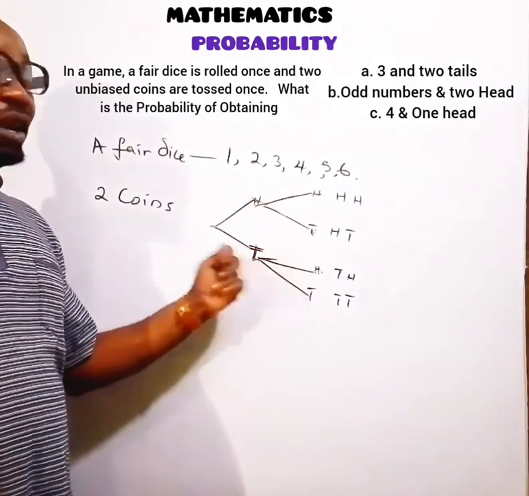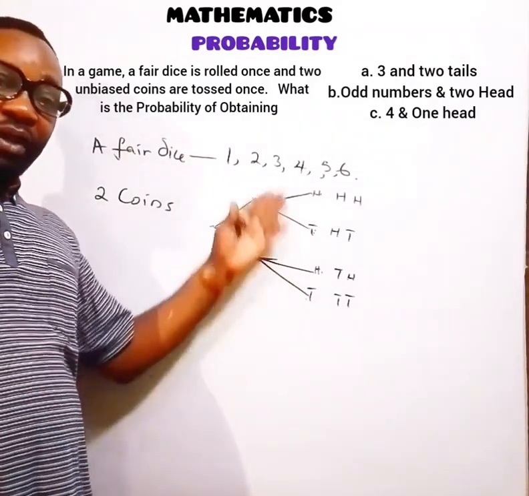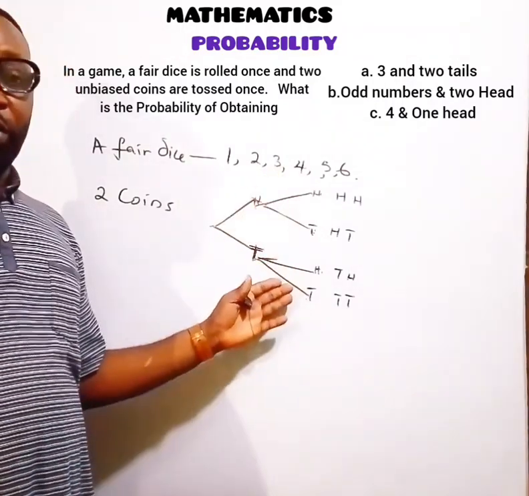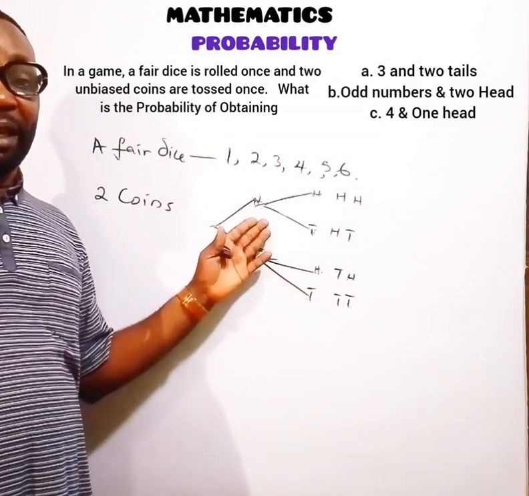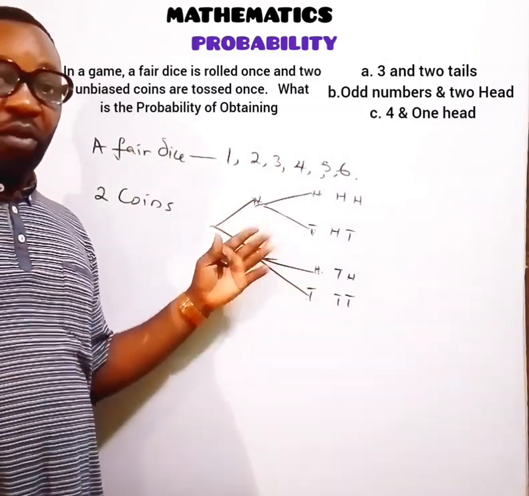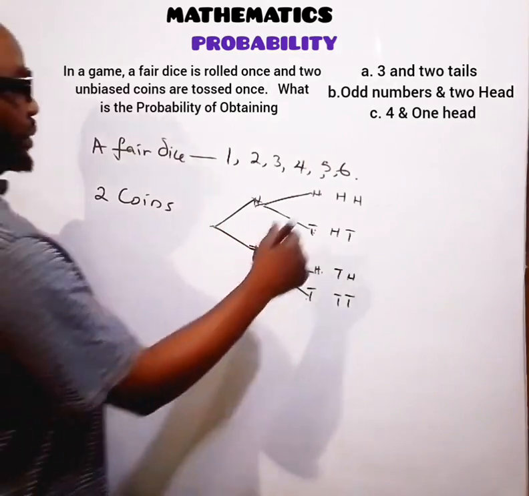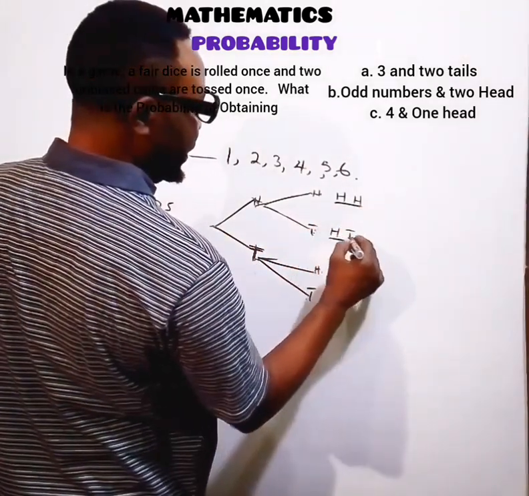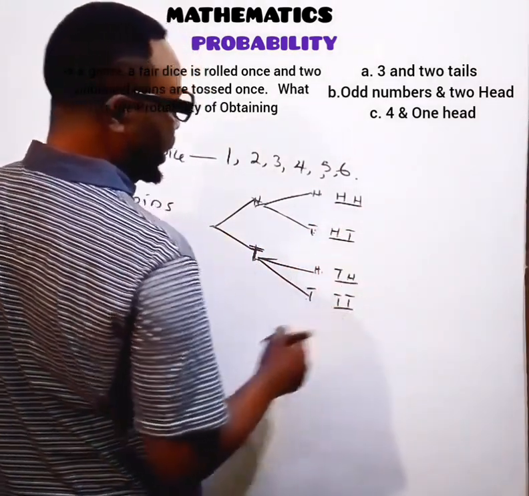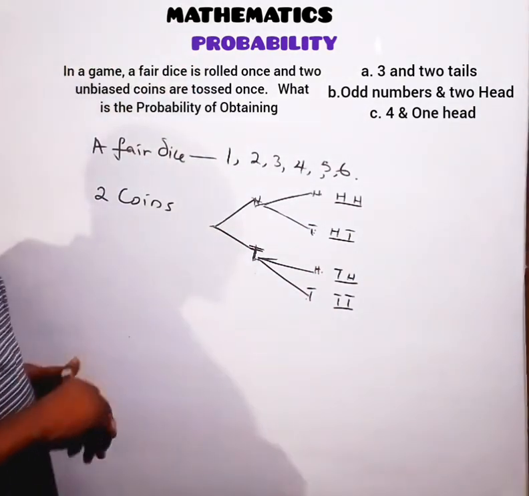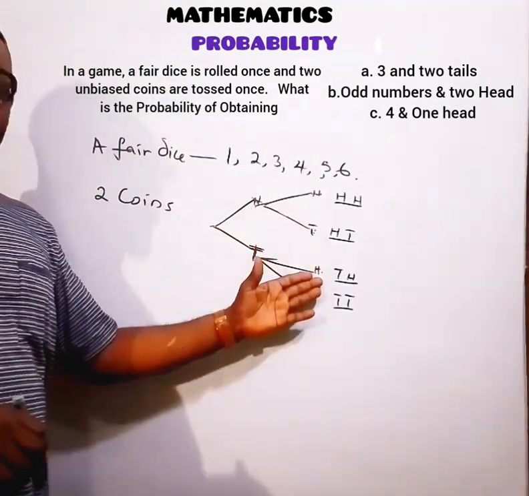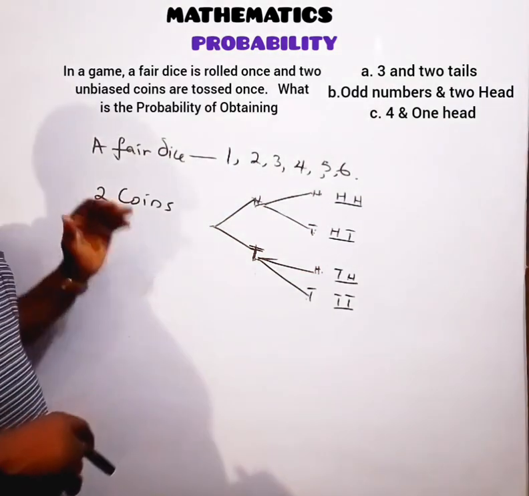This is how we have the arrangement or diagram for the tossing of a coin. Now, this one gives us head head, head tail, tail head, tail tail. That is what we obtain as our outcome for tossing 2 coins.